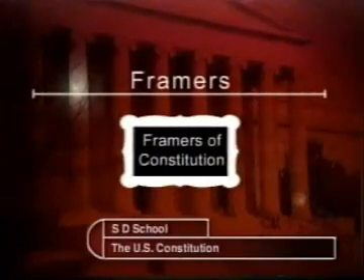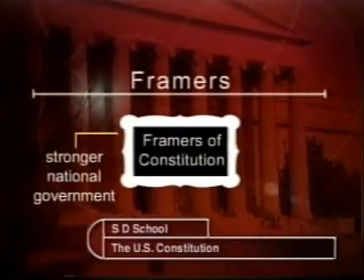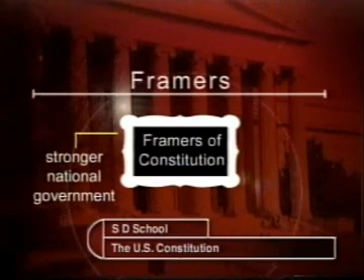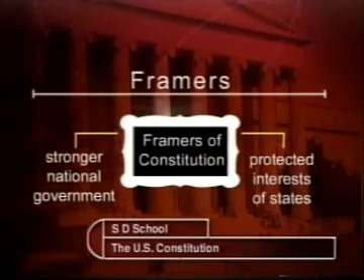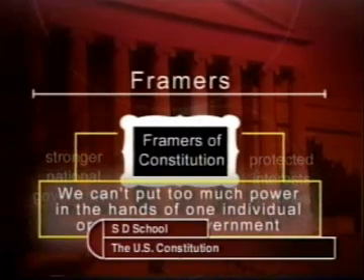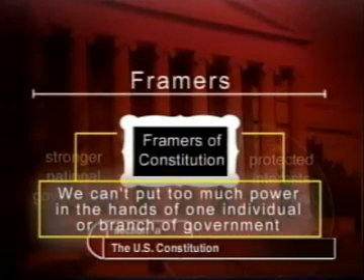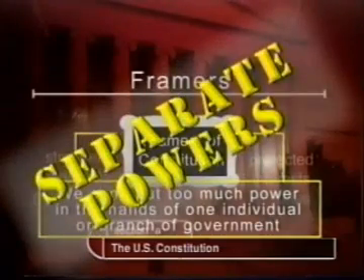The framers of the Constitution created a stronger national government than had been done with the Articles of Confederation. At the same time, they protected the interests of the states. A big concern the framers had was of putting way too much power in the hands of one individual or one branch of the government. To address this concern, they decided to separate the powers.